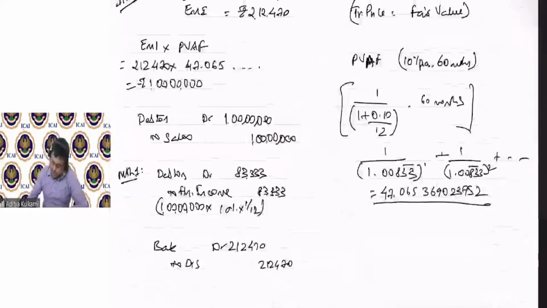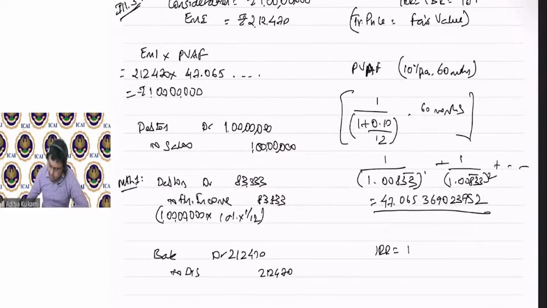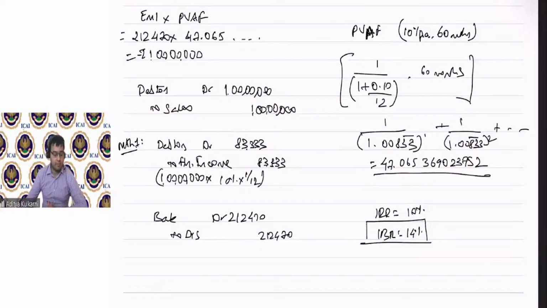Now, if you consider IRR equals 10%, IBR equals 14%, which rate are you going to use for transaction price? You will be using IBR, because this is Ind AS 115. If it was 116 leases, you would still continue to use the IRR method. Now, IBR equals 14%. So therefore, the present value annuity factor is equal to 1 divided by 1 plus 0.14 for 12.